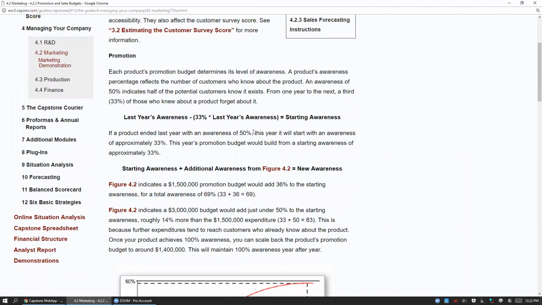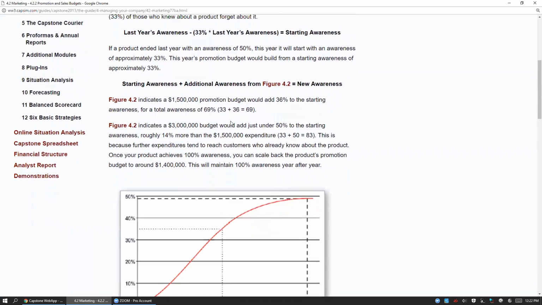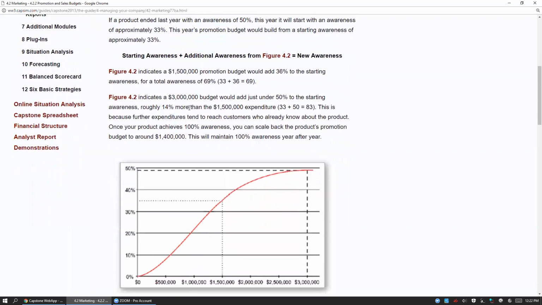It's effectively telling you what I just told you. You're losing 33% of your awareness. Then we look at the return on your investment in your promotional budget. We can note that to maintain the 33% that we're going to lose, we need an investment of $1.4 million.